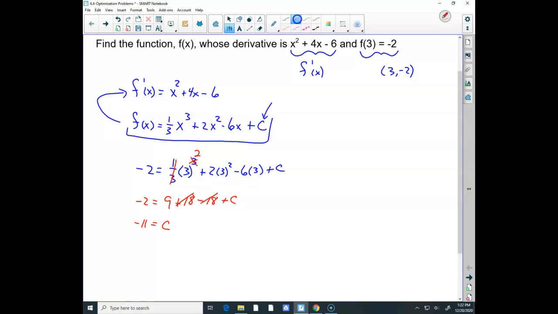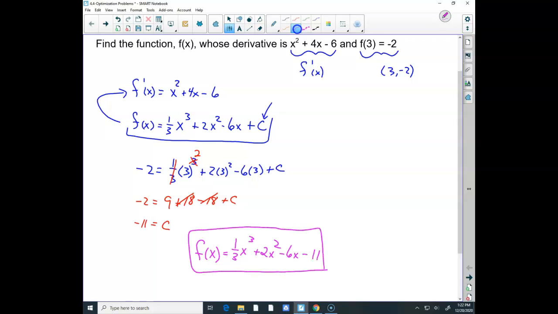Remember, because c equals negative 11, my specific solution, f of x, is 1/3 x cubed plus 2x squared minus 6x, and c is minus 11. This is my specific solution that goes through that point, f of 3 equals negative 2.